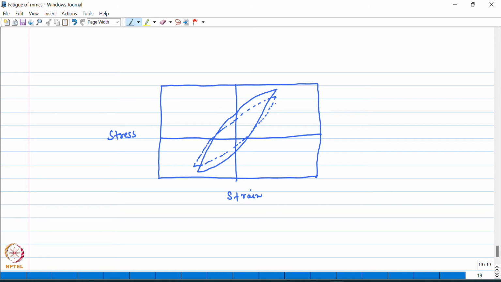So here again the dotted one is for the unreinforced alloy and the solid curve is for the composite. So here the plastic strain in the composite and in the unreinforced matrix material is equal because this is under plastic strain controlled fatigue condition.